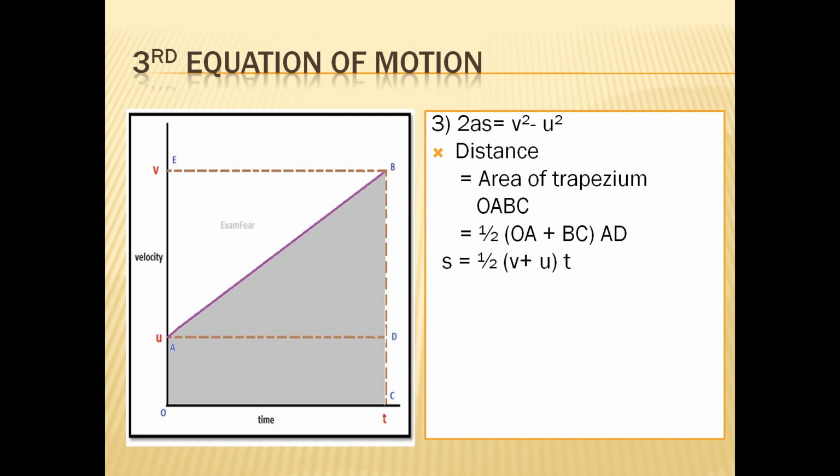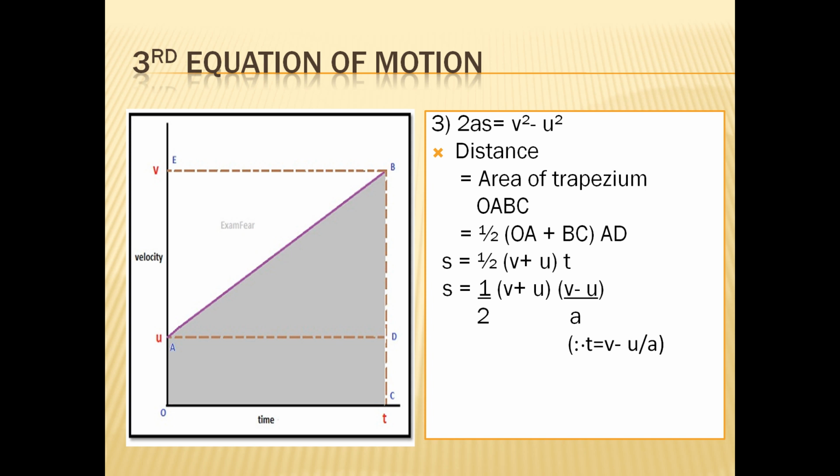So what will we write instead of time? Here we will take the help of the acceleration formula. We know the acceleration formula is A equals V minus U upon T. But if I take T separately, I get T equals V minus U upon A. So instead of T I will write V minus U upon A.